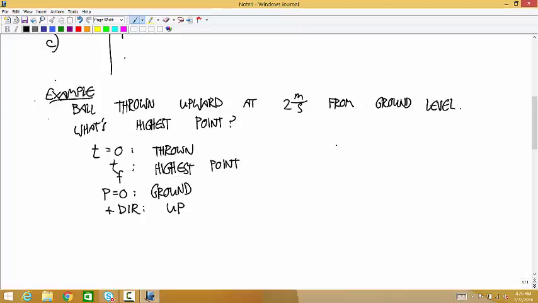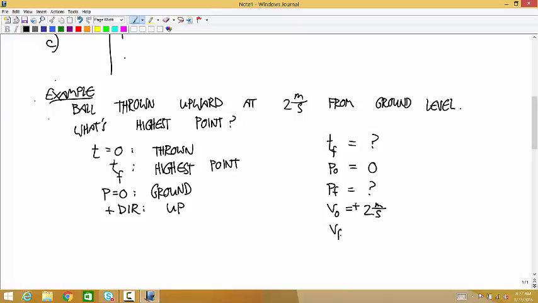And then the values, let's see, time final, we don't know that. Position when time is equal to 0, it's at ground level, so that's 0. P final, that's what we're looking for. Velocity when time is equal to 0 is 2 meters per second up, so that's positive 2.